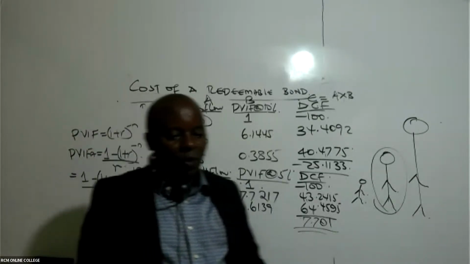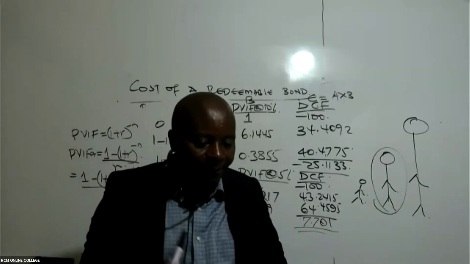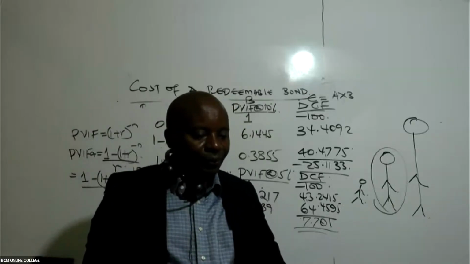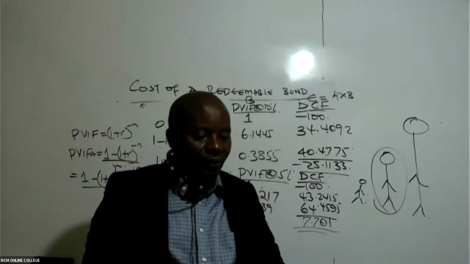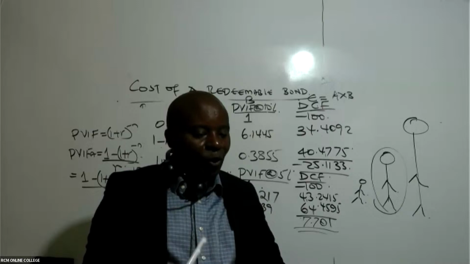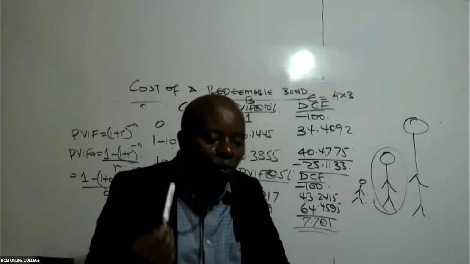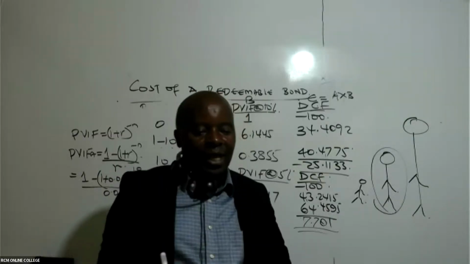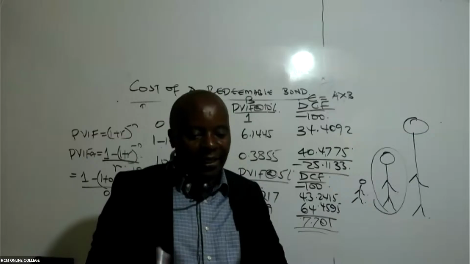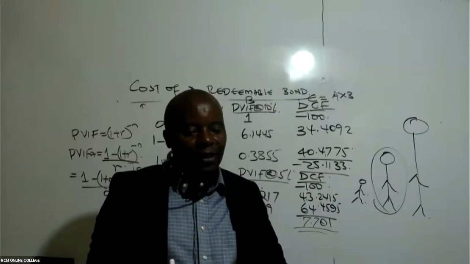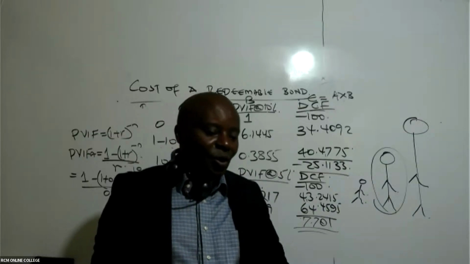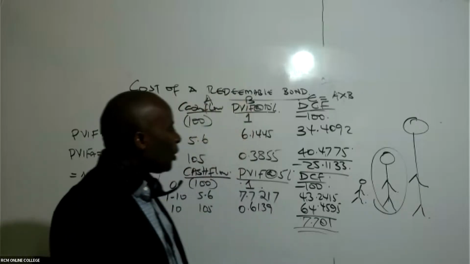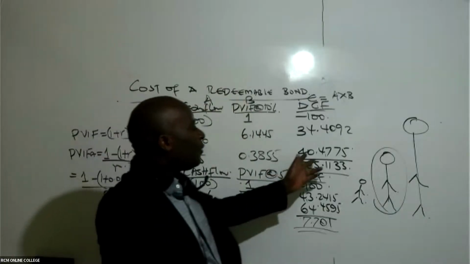Does that sound convincing enough, where we went for 5% and not 20%? Because if you try 20%, you're going to get into a bigger negative. You can try this in your own time. If you try 20%, you will get like negative 40.